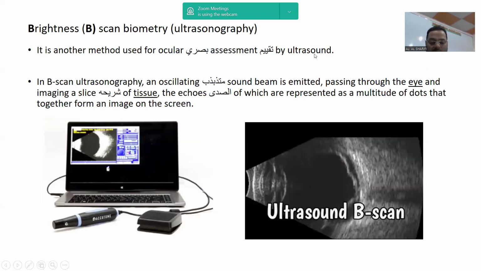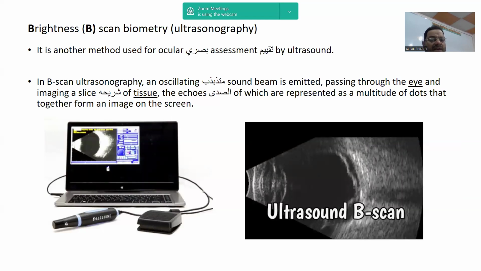And now let's talk about the B brightness scan biometry, or ultrasonography. It is another method used for ocular assessment by ultrasound.